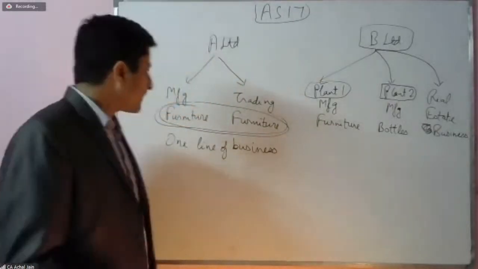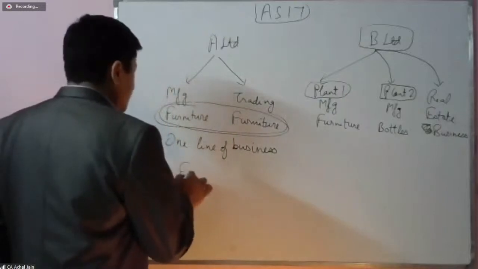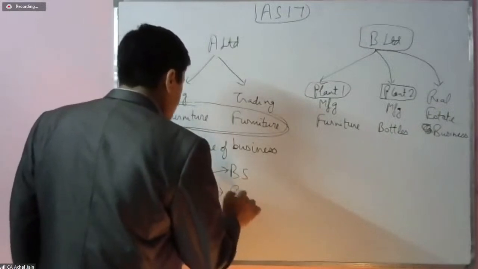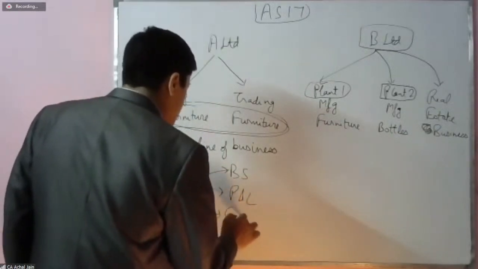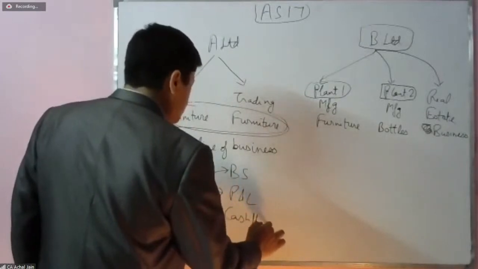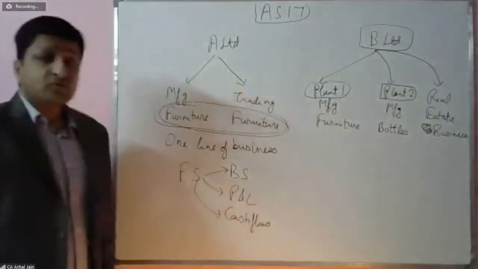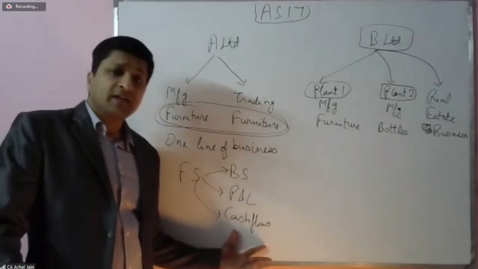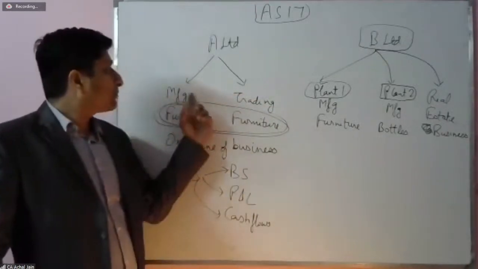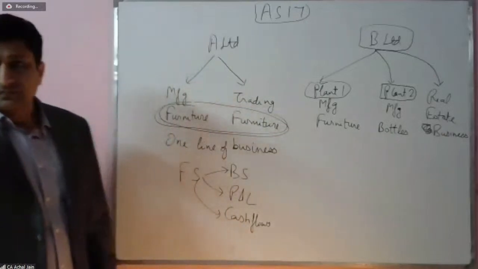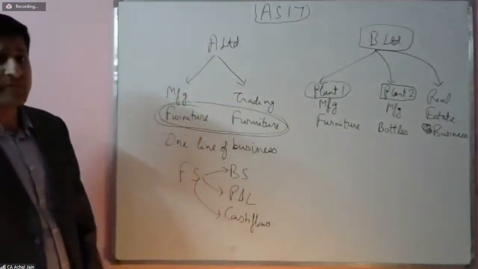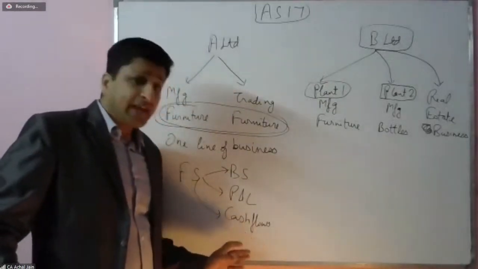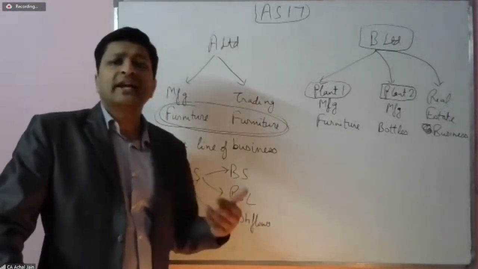A will prepare its financial statements, which will have balance sheet, P&L, and cash flows. So if A has to evaluate its performance, A may look at the performance collectively for both these types of activities, because definitely the nature is slightly different. Even though it's into furniture, the nature is different, but still A may collectively look at the performance by looking at its financial statements.